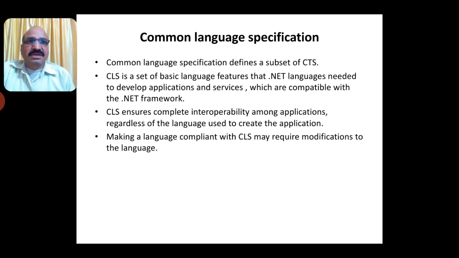Now, CLS is a subset of CTS, as we already know, and CTS is a subset of CLR as MSIL. So MSIL, CTS and CLS play an important role in the .NET framework.